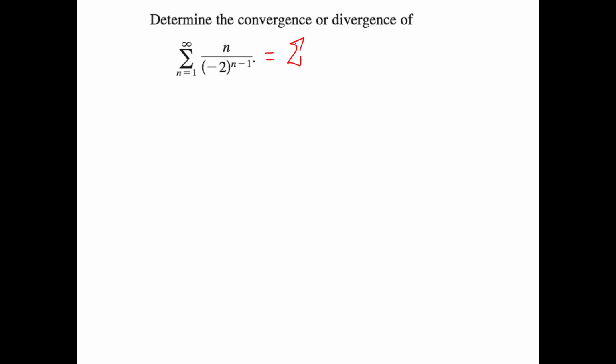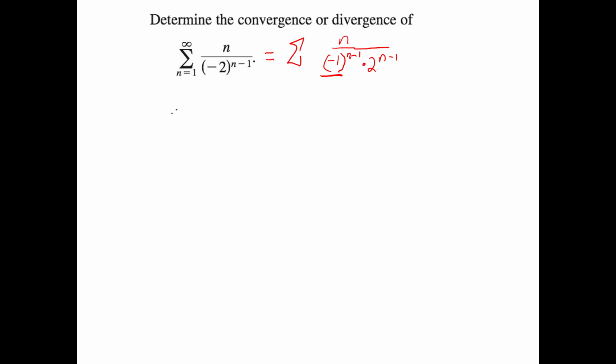But this is just the summation of n over -1 to the n minus 1 times 2 to the n minus 1. And there you have your factor of -1 to the n minus 1.